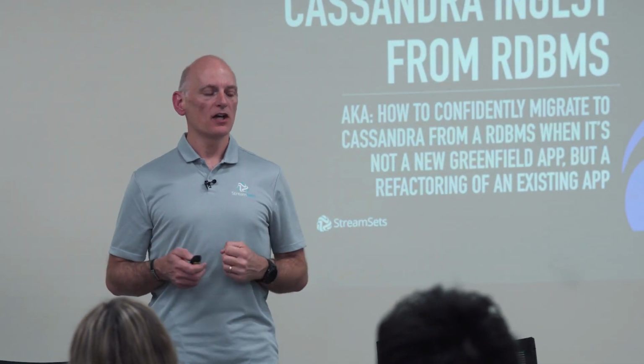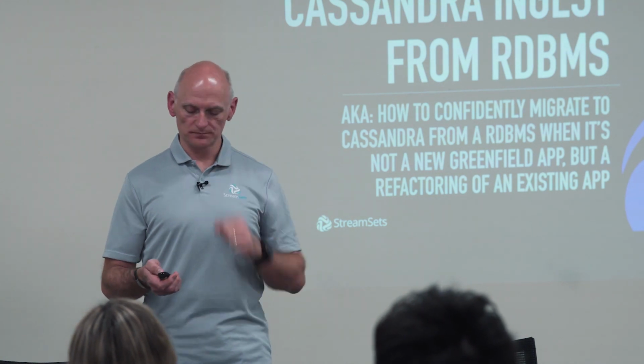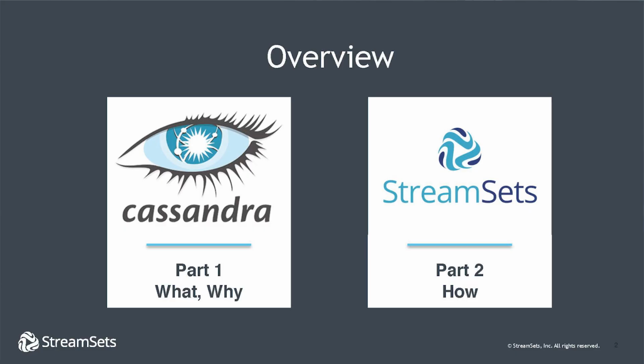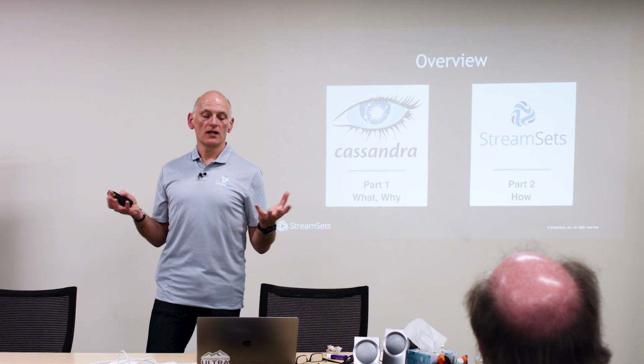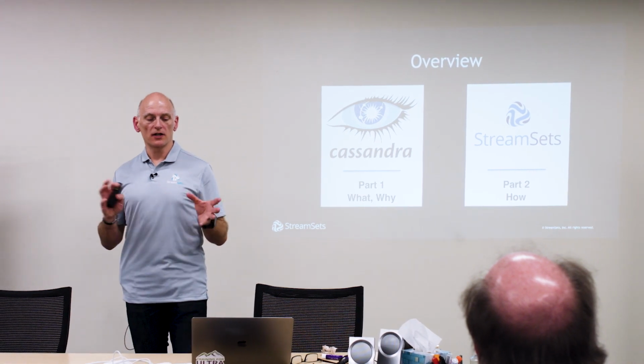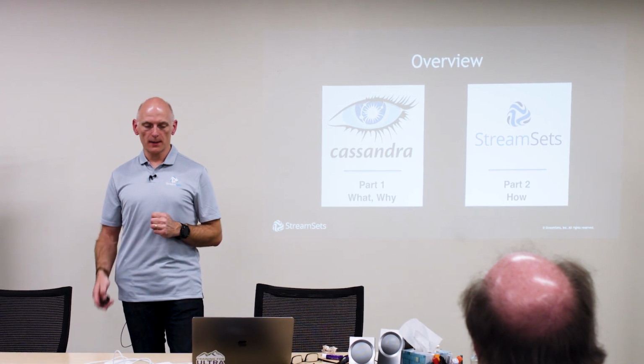So that's the use case I'm focusing on, where you have data somewhere else. So kind of two parts. First part, I'm going to talk more about Cassandra, about why this might not be as easy as you would expect. And then in the second part, I'll show you kind of how we can get it all working.